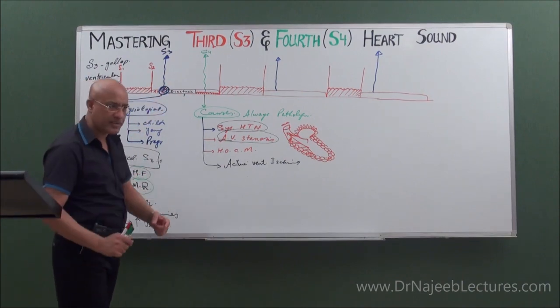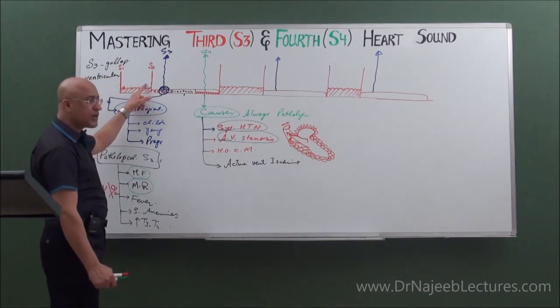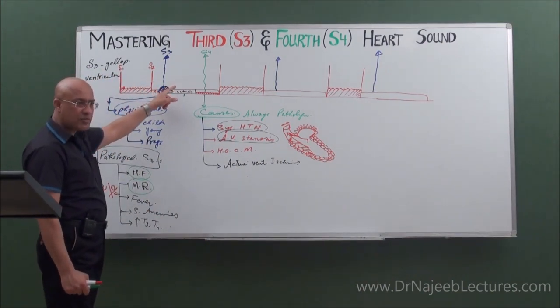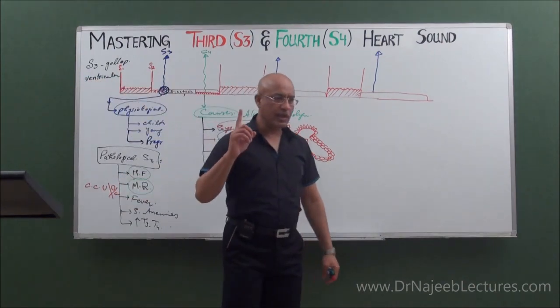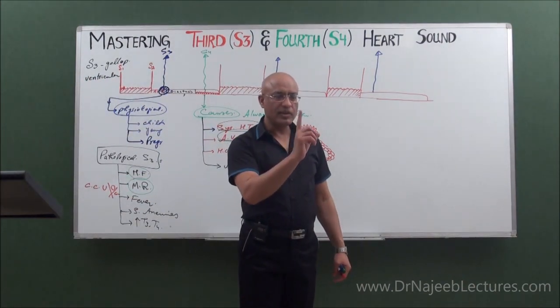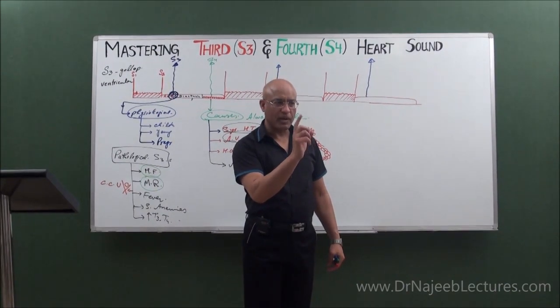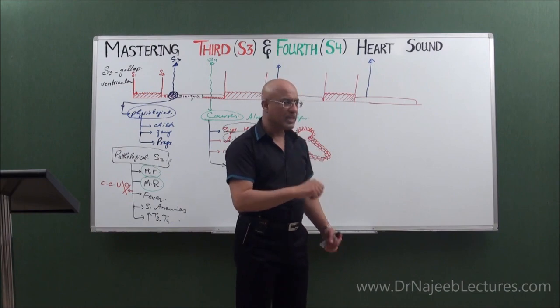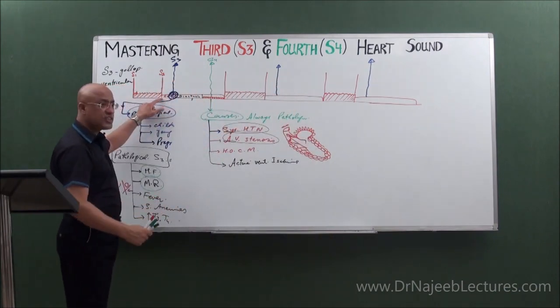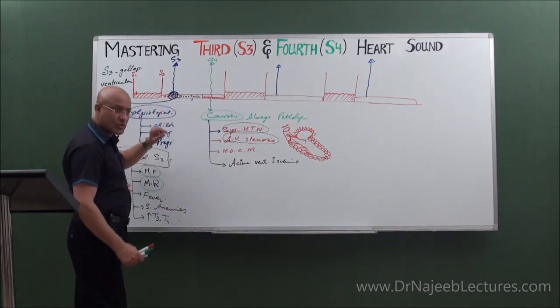Sometimes S2 splits, as the aortic component may come early and the pulmonary component become late. Now sometimes there is a confusion. You hear lub, then either dub is split or just after the dub you hear S3 and you are confused. Is it true S3 or it is just split S2?